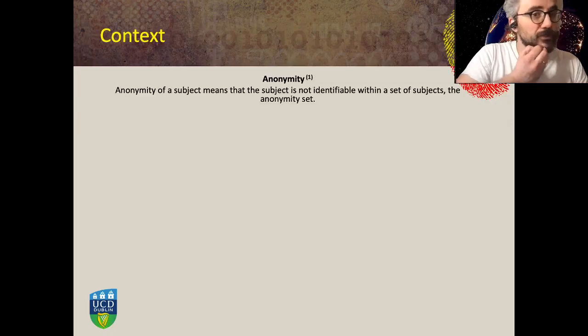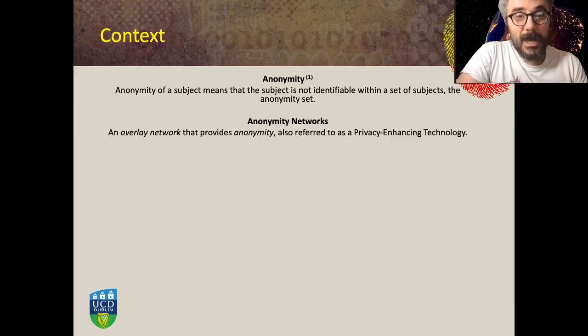So first of all, let's introduce what anonymity is. We will use this popular definition where anonymity of a subject means that the subject is not identifiable within a broader set of subjects, the anonymity set. And anonymity networks, also referred to as privacy-enhancing technologies or sometimes as darknets, are overlay networks that provide anonymity.